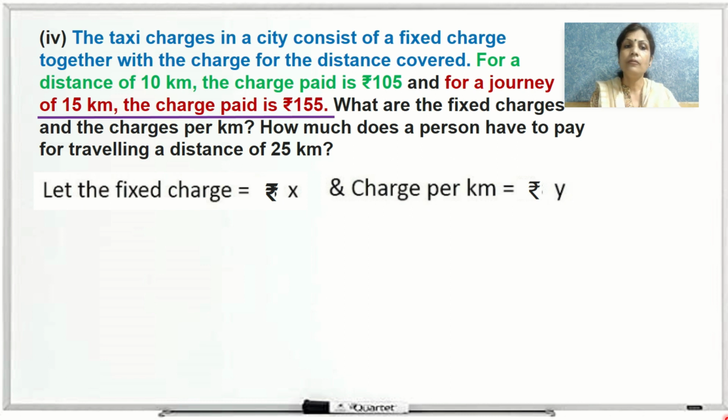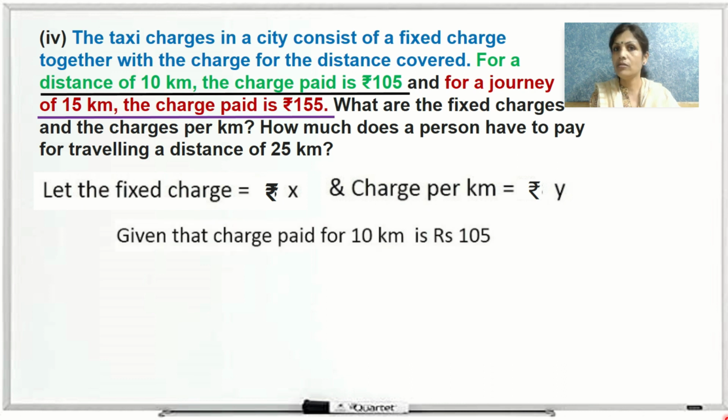So what are we given? For a distance of 10 km, the charge paid is rupees 105. So the fixed charge plus the charge for the 10 km distance, and the total comes to 105.